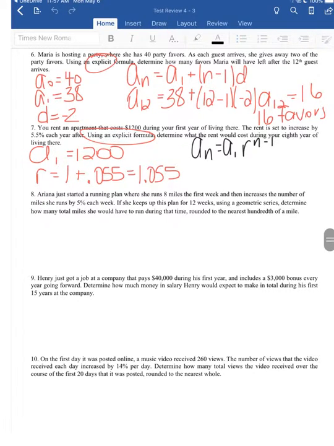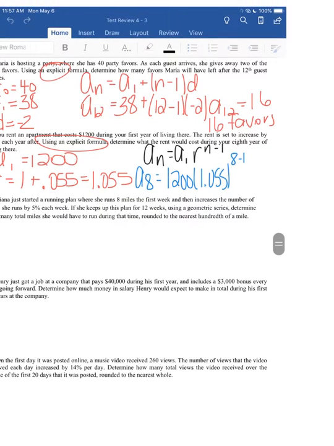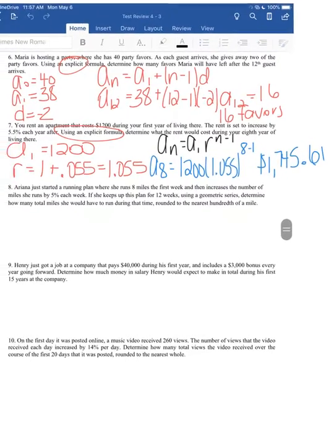I'm looking for the 8th year, so a sub 8 is equal to 1,200 times 1.055 raised to the 8 minus 1. And that tells me that in 8 years, you are going to be paying $1,745.61. Again, it's money, so you have to have 2 decimals if it doesn't tell you where to round.